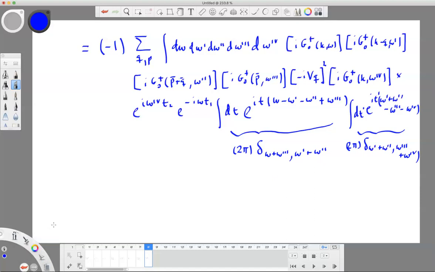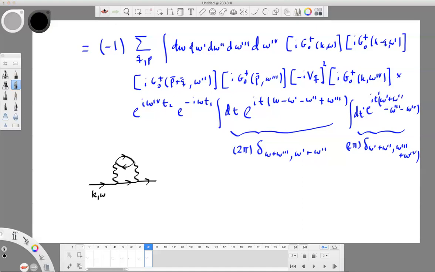So let me write it here: we have the propagator, we have the interaction line. So here we have the diagram. We know that the first one we have is K omega. So this incoming line is going to be K omega.